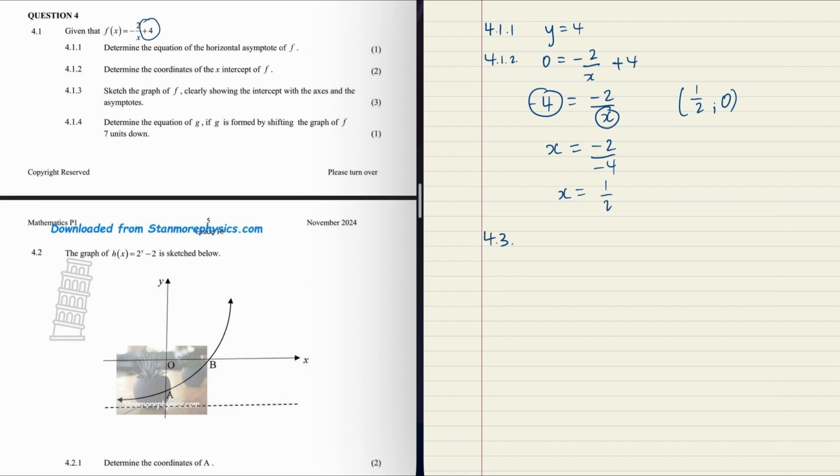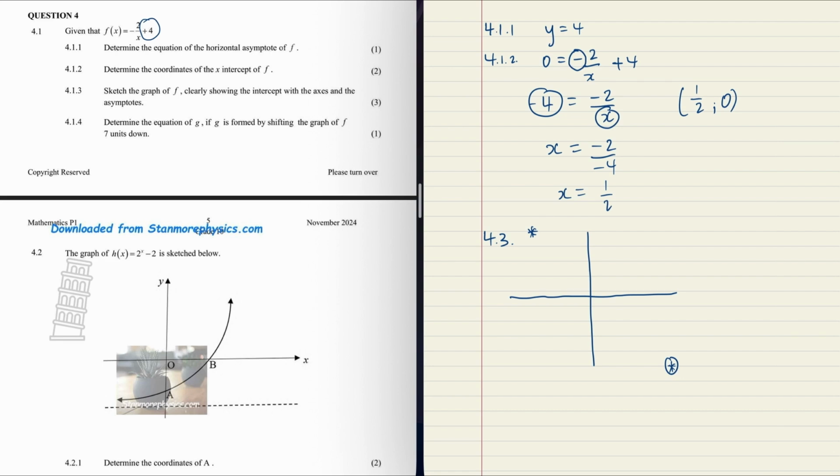Question 4.1.3, sketch the graph of f, clearly showing the intercept with the axis and the asymptotes. So this is a hyperbola because it's some value over x. Because the value here is negative, it means that my hyperbola is going to appear in this quadrant here and in that quadrant.